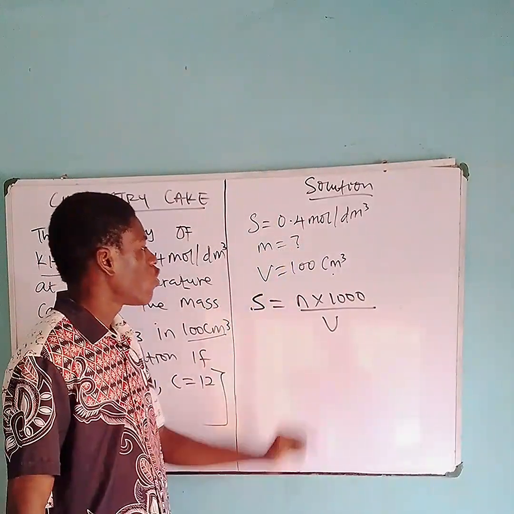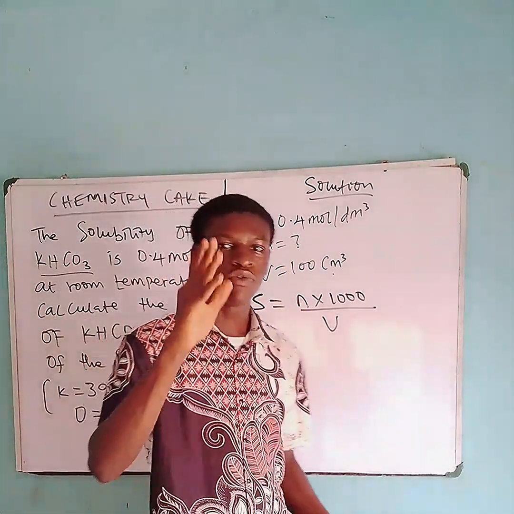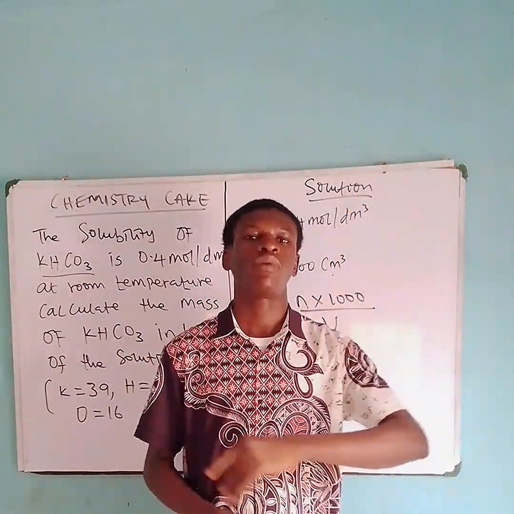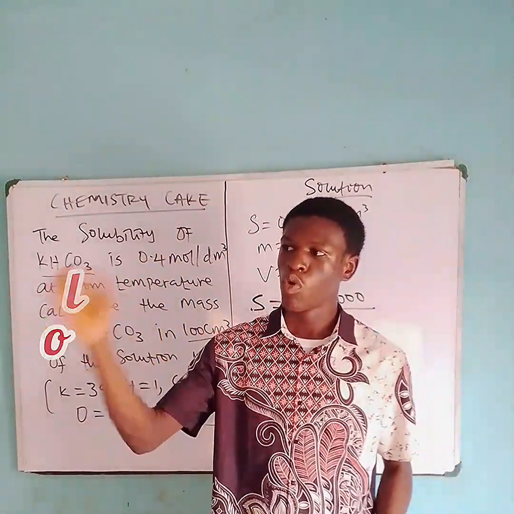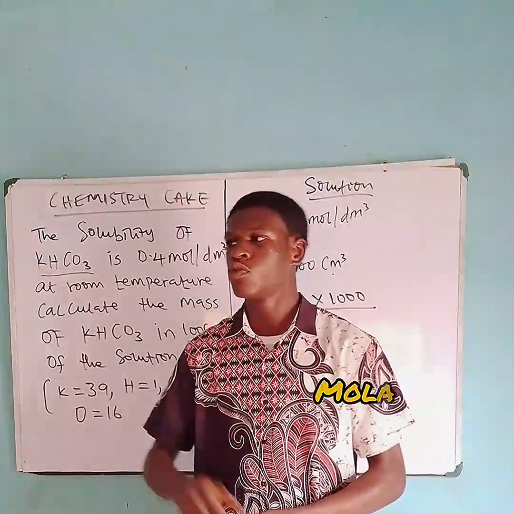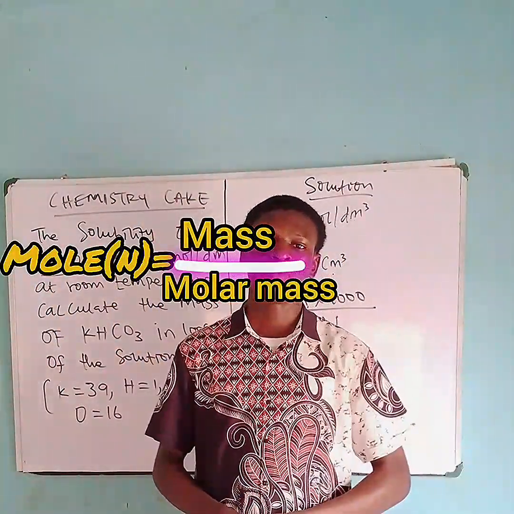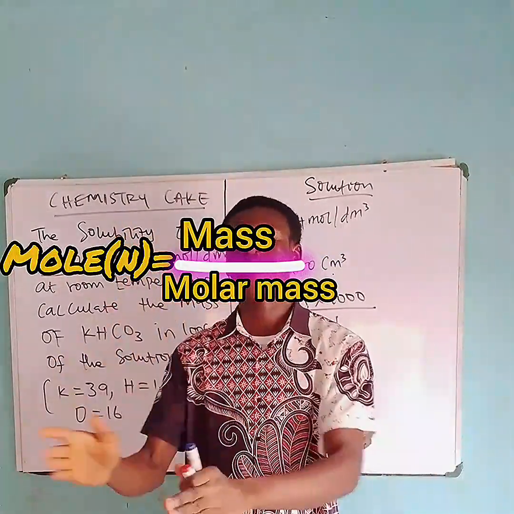Now, why will I find the mole first of all? Because I know there's a relationship between the mole, the mass, and the molar mass. And what is that relationship? Mole equals mass divided by molar mass.